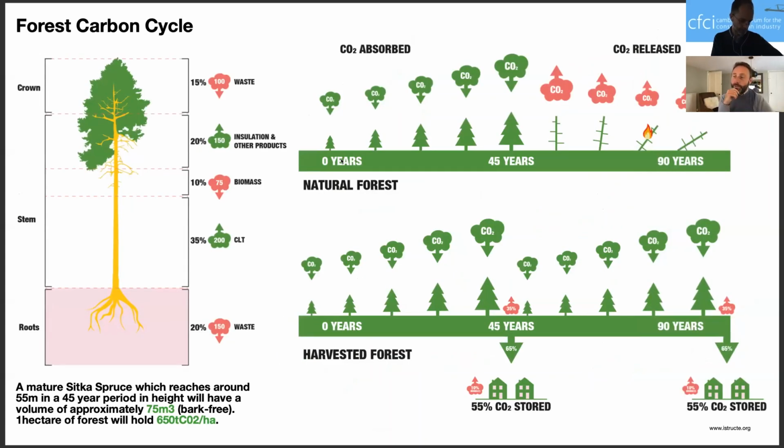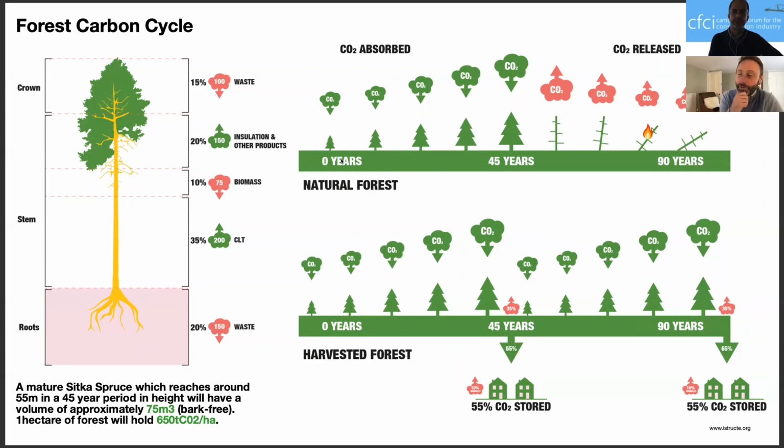So in particular, and yes, we do need a good range of different timber, but one species is particularly good for the construction industry, which is Sitka spruce, which has a very good growth rate and can produce a large volume of timber in a relatively short amount of time. So part of our research is how much timber we need, how many trees we need to grow in order to manufacture some of our designs.